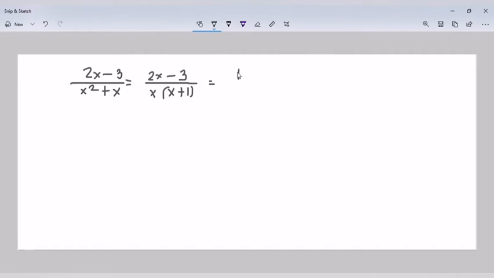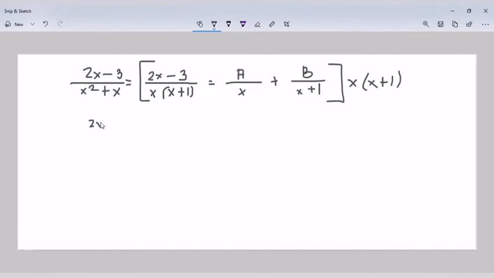Then equate to a over the first factor, which is x, plus b over the second factor, which is x plus 1. Then multiply both sides by their LCD, which is x times the quantity of x plus 1.